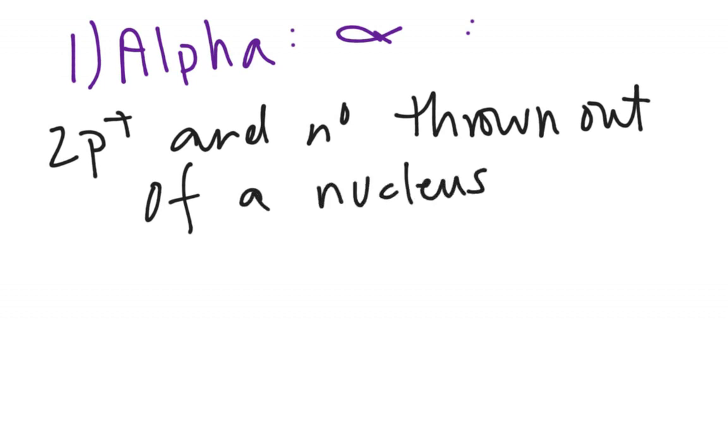Since it's 2 protons and 2 neutrons, it is the same thing as a helium core. And so that would be 4 and 2. Those are the numbers that we're going to associate with alpha radiation: 4, 2. 2 protons and 2 neutrons.